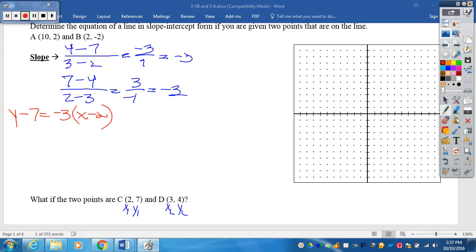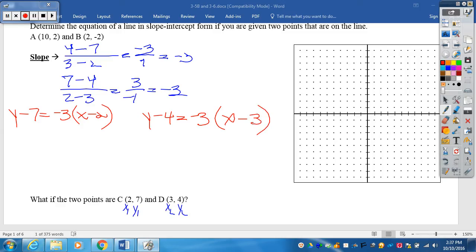Okay. If I use D, it will look like this, y minus 4 is equal to the slope, which is -3, x minus the x value, which is 3. Okay?